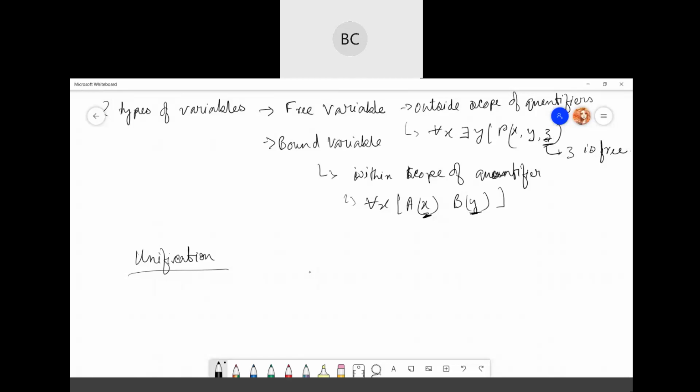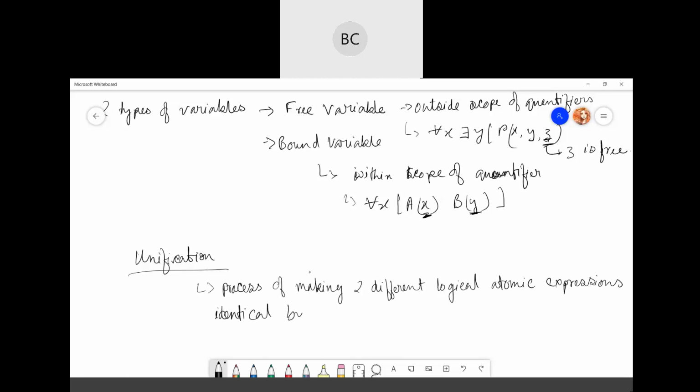Unification is nothing but the process of making two different logical atomic expressions identical by finding a substitution.